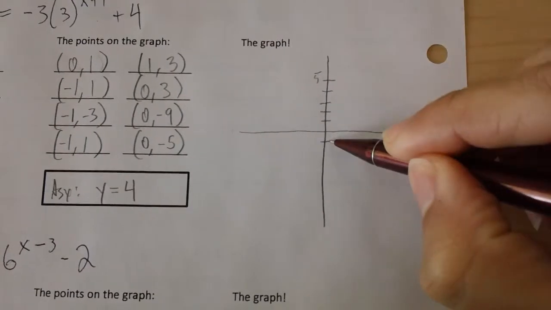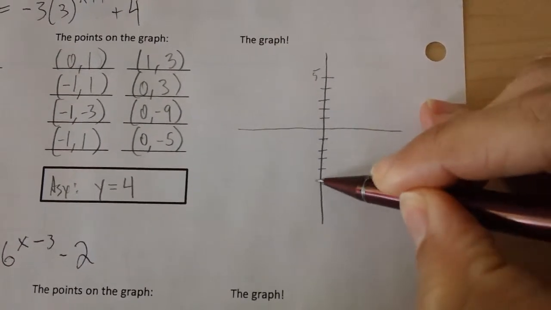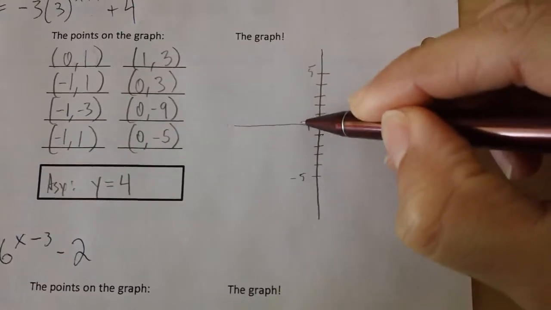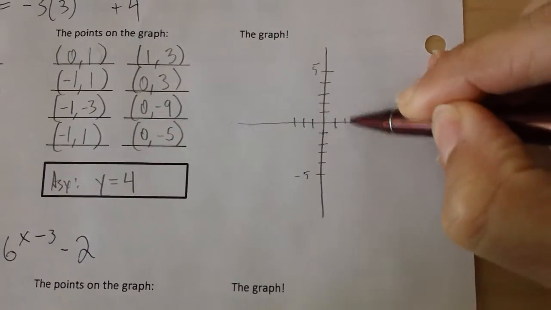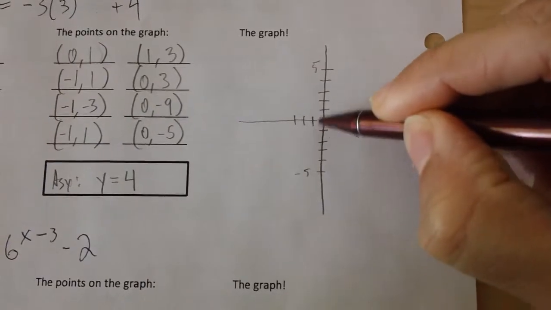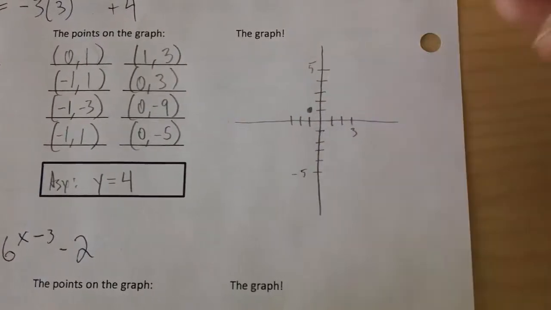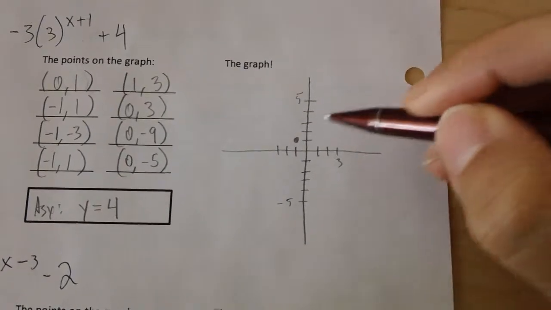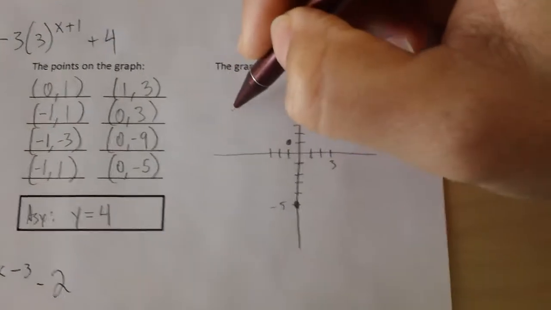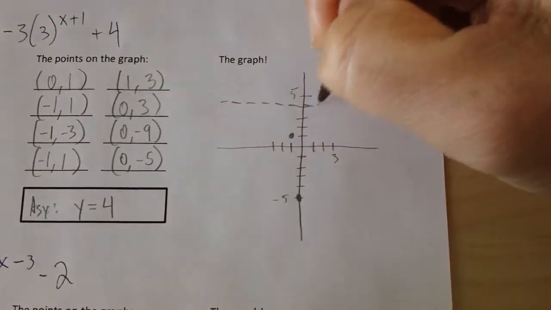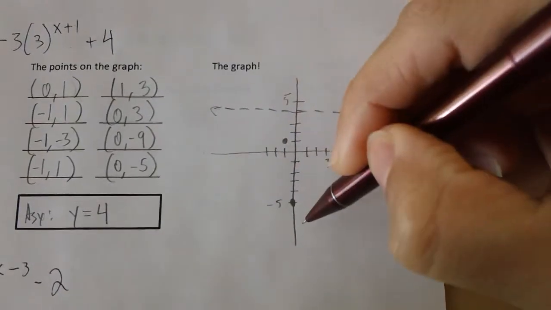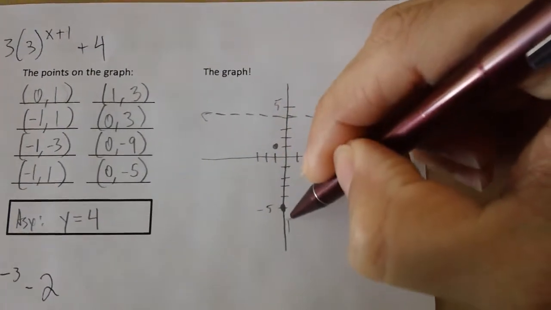And let's go down 1, 2, 3, 4, 5. Let's go over 1, 2, 3, 1, 2, 3. So I have -1, 1 up here, and then 0, -5 down here. The asymptote is at 4. So if I draw in a curve here, it's going to look something like this.